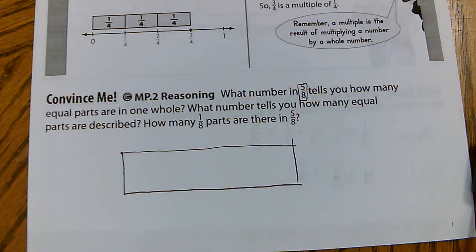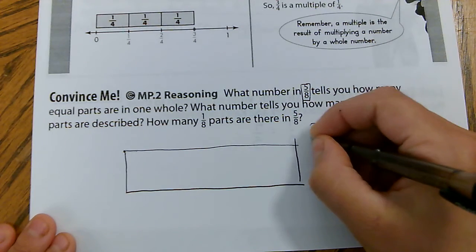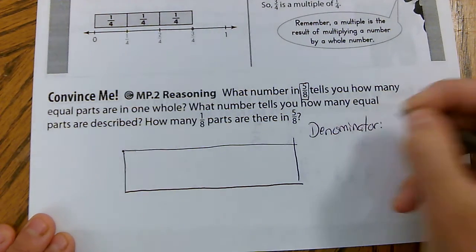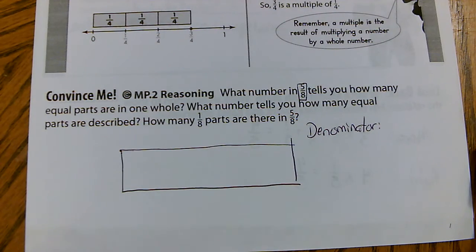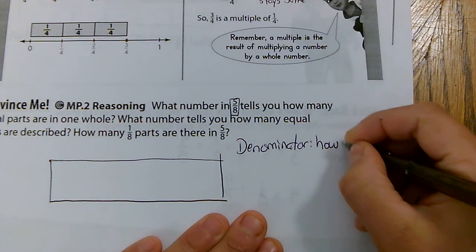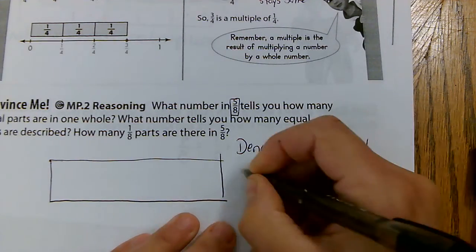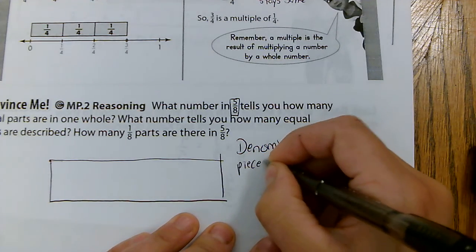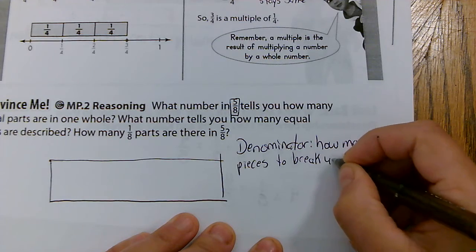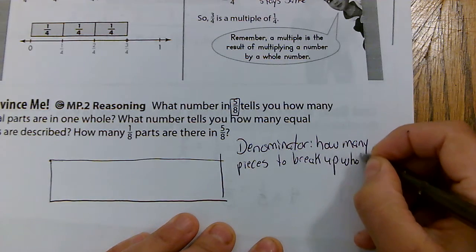Well, that's always the denominator. So the denominator tells you how many pieces to break the whole up into.